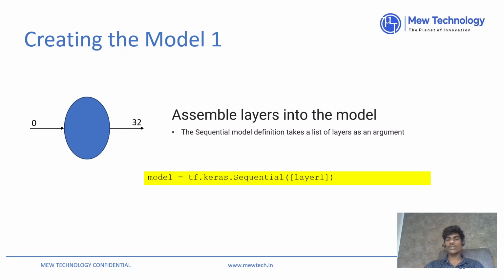So we initialize how many layers we use, and we want to assemble those layers into this one model. That is tf.keras.Sequential. Inside Sequential we assemble every layer. This is one part of model creating.